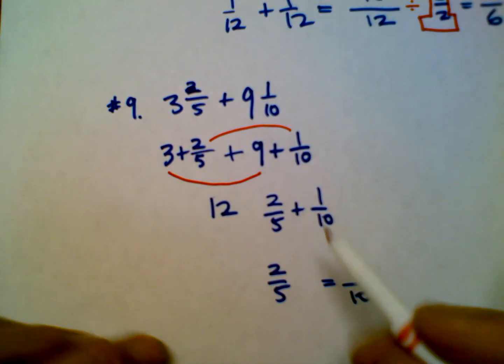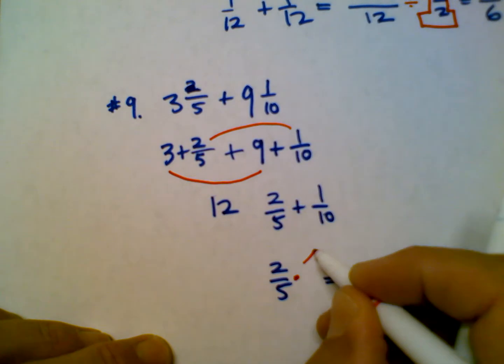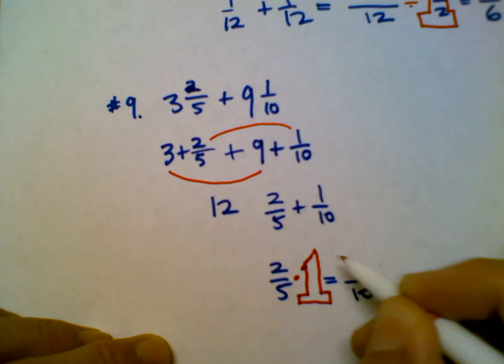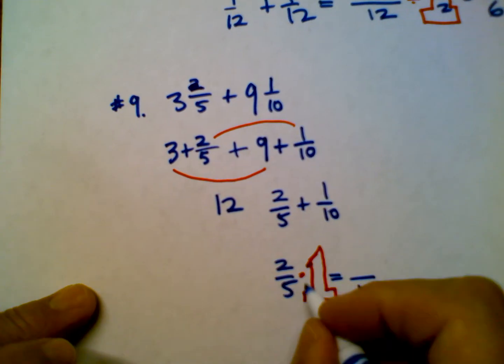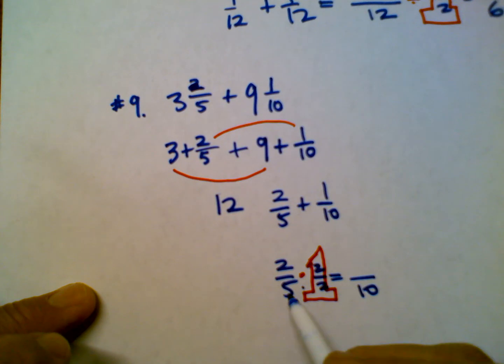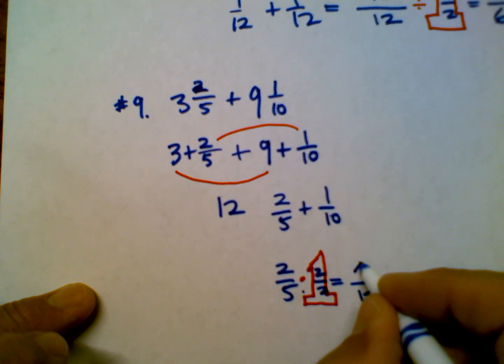So if I'm going to multiply this by the giant 1, what would be that giant 1? In this case, it would be multiplying by 2 over 2 because 5 times 2 is 10. I need to have that 10 on the bottom. And then 2 times 2 is 4.